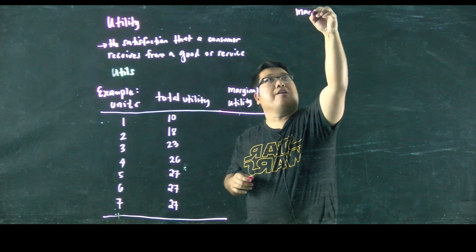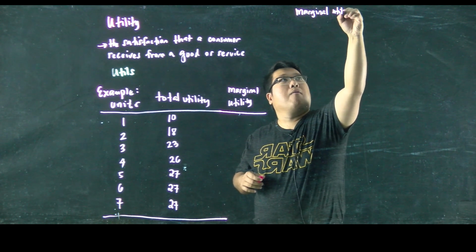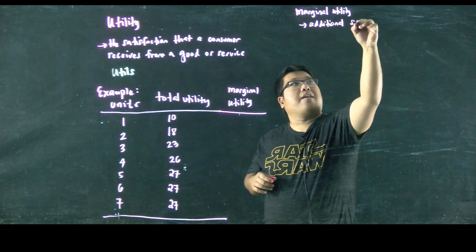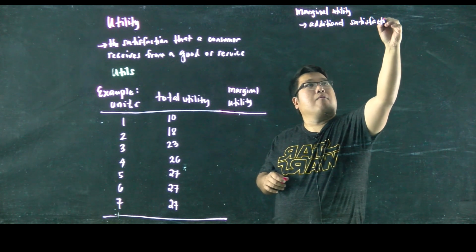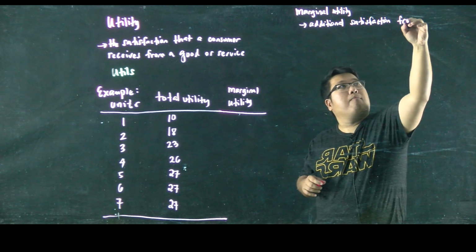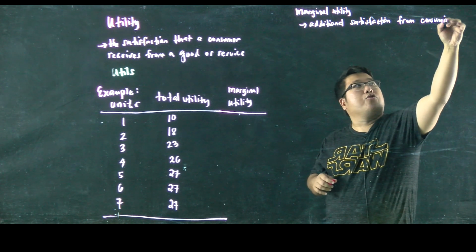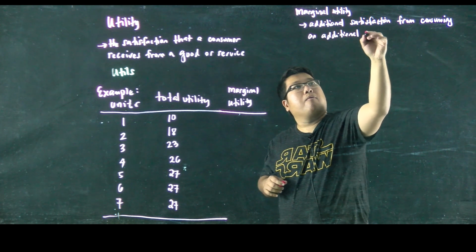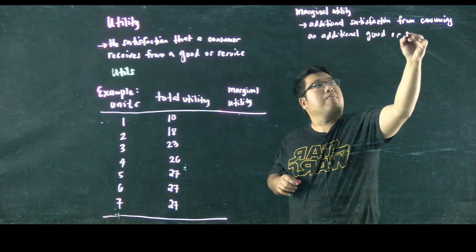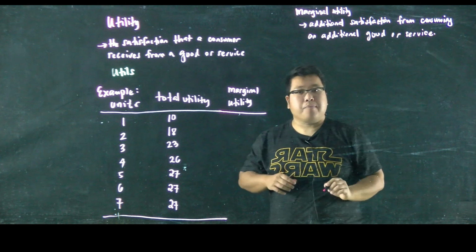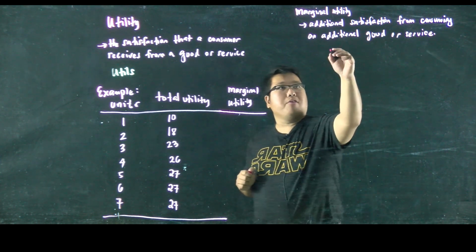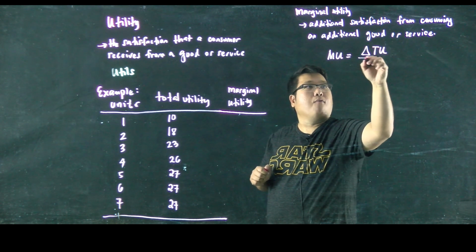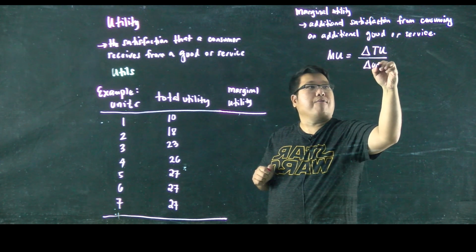So marginal utility is the additional satisfaction from consuming an additional good or service. Okay? And how do we compute marginal utility? So we call this MU. It's simply the change in total utility over the change in the number of units.